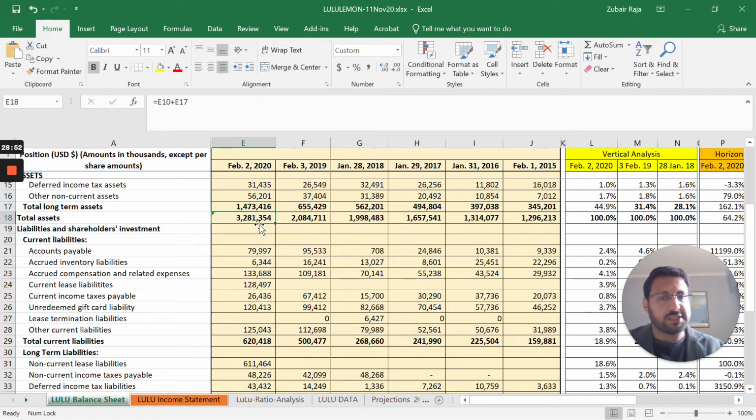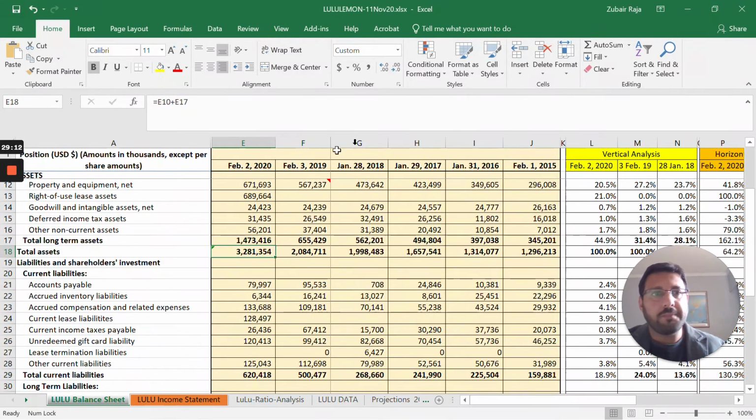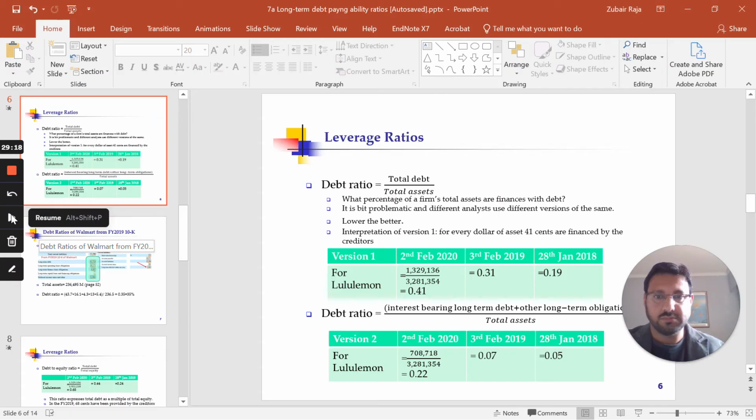And this makes more sense to me, because if I'm a creditor, especially a long-term creditor or a banker, I will look at how much the company is subject to interest-bearing loans, and the interest-bearing loans seem not to be much. Now, let me take you back to the PowerPoint slide.